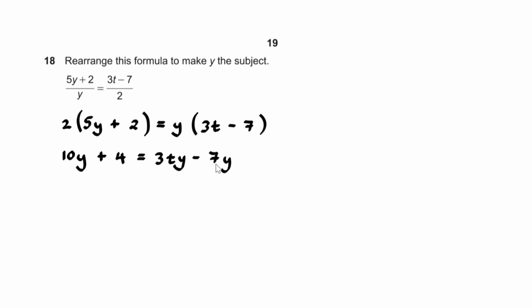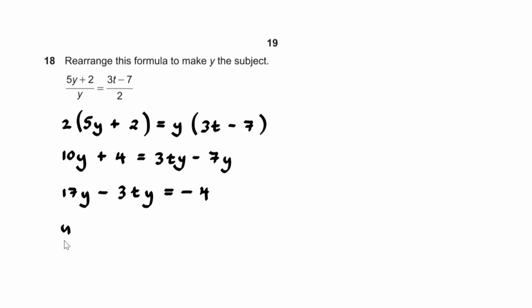Now, if we take everything over with a y on one side and everything without a y on the other side, well, adding 7y to both sides, we would have 17y, and then I subtract this 3ty, and if I take this 4 to the right hand side, we would have the following.